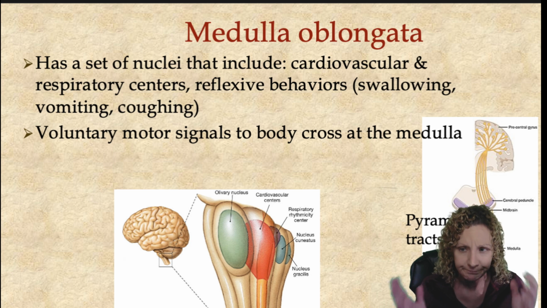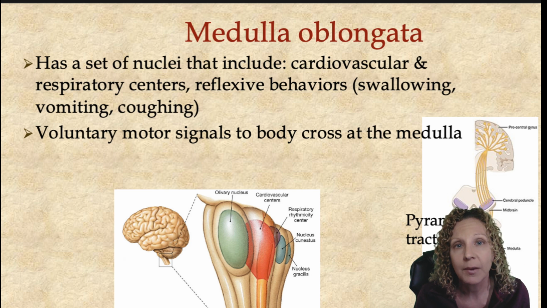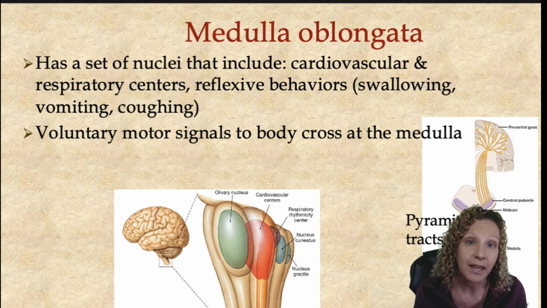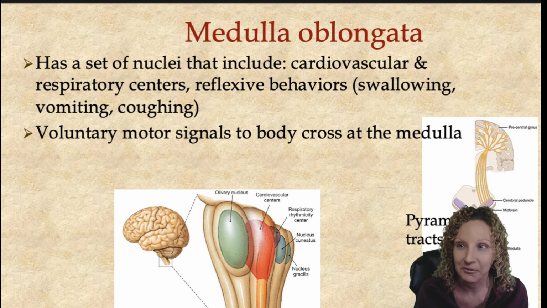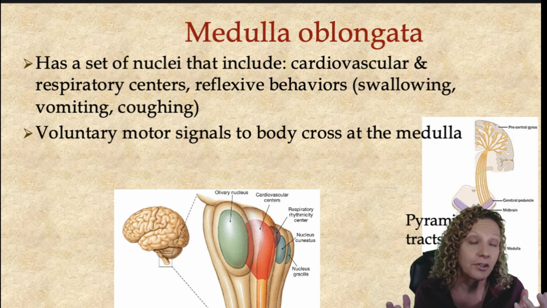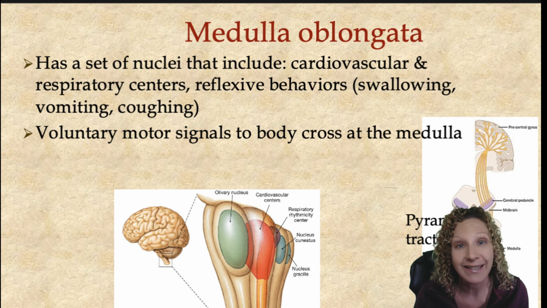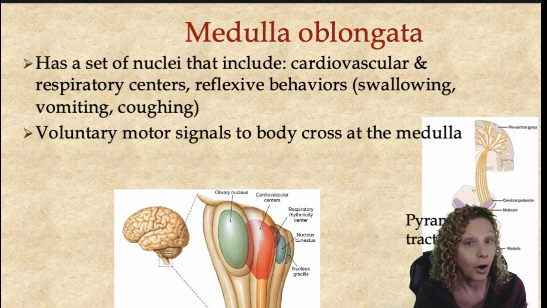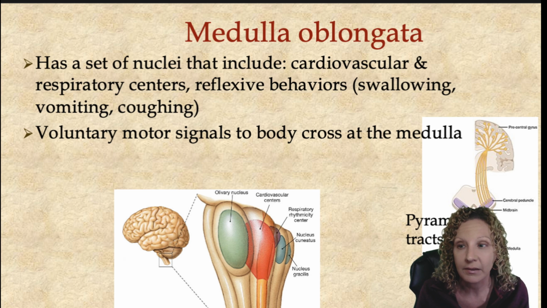The medulla, at the very beginning of the brain, has these centers within it. It's called reticular formation. Those are centers for very basic control of autonomic functions. So parasympathetic, sympathetic, control of heart rate, make it go up or down, things like that.